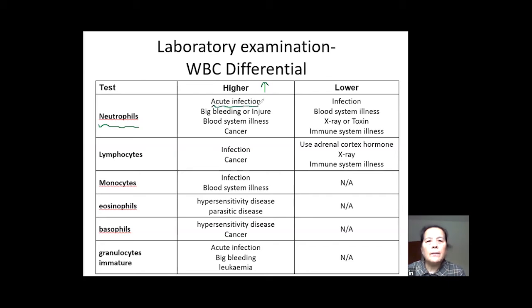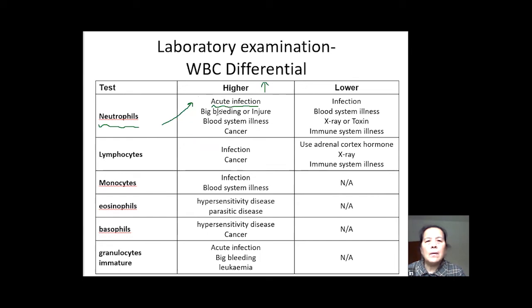Acute infection. Neutrophils mainly function in anti-inflammation and anti-infection, so if infection happens, more need to come.